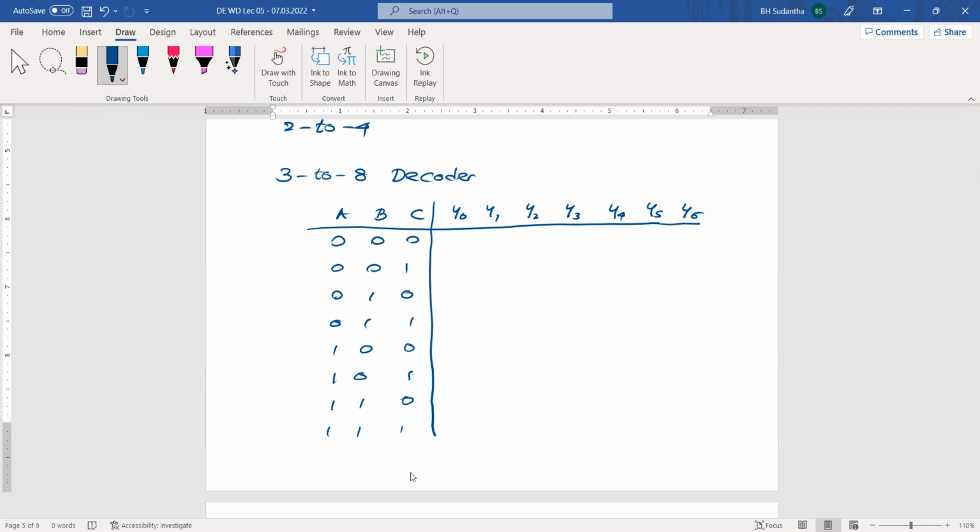Can you complete the other side? You simply have to follow the pattern. Then you can fill the output values of this truth table. Then what is next? Try to write the output equation for this one. If it is possible, minimize them and draw the circuit using basic logic.